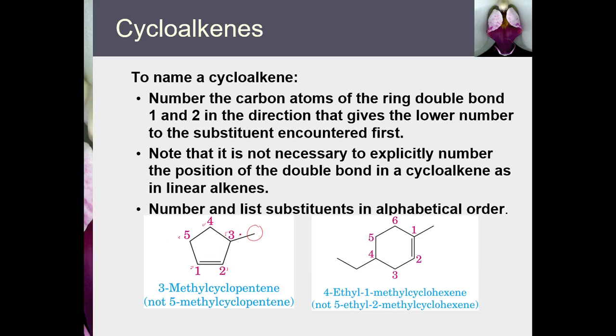So kapag clockwise direction, yung methyl group mo is at 5, fifth carbon. So di ba dapat nga mabigyan natin ng mas mababang number yung substituent. That's why the correct name is 3-methylcyclopentene and not 5-methylcyclopentene. So this is good for a monosubstituted cycloalkene.